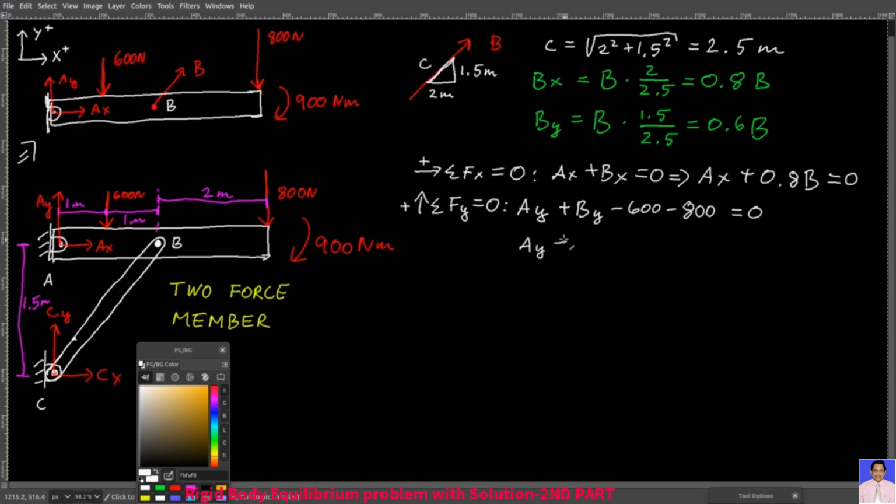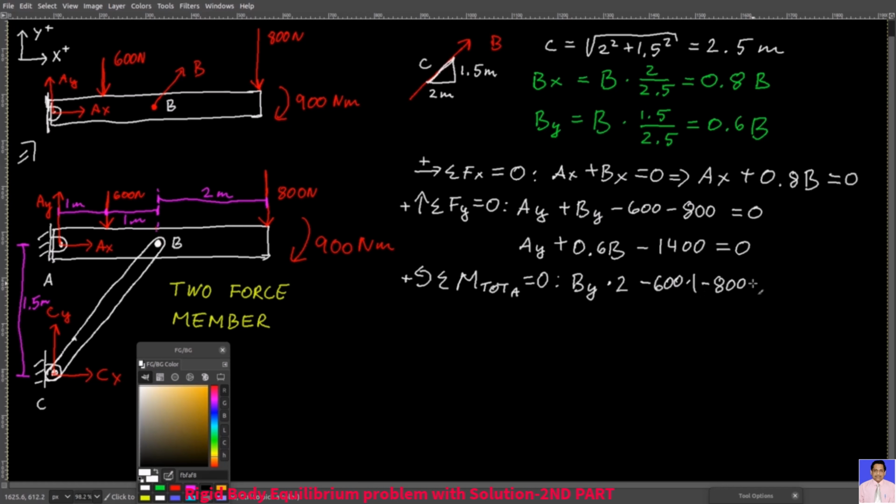So Ay plus 0.6 times B minus 1400 equals 0. And then the sum of the moments about point A must be 0. So now you have By times 2 minus 600 times 1 minus 800 times 4 minus 900, and that will be 0. In other words, you will have 0.6 times B times 2 minus 4,700, which is 0.